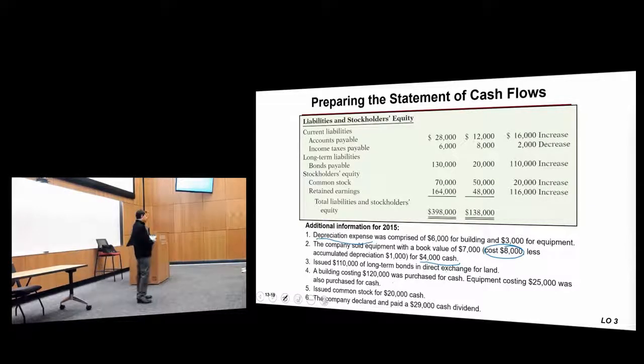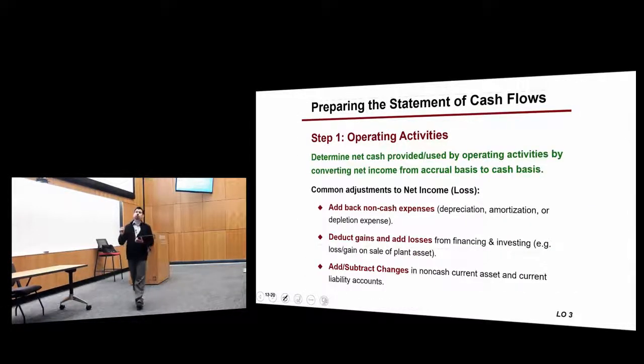Operating activities. The first thing you need to do is look at net income. Again, you start with net income or net loss. Then you add any non-cash expenses. Those are expenses that the company recognized as an expense, but has not actually made the payment for. For example, depletion expense, amortization, depreciation expense. These are more or less artificial expenses.